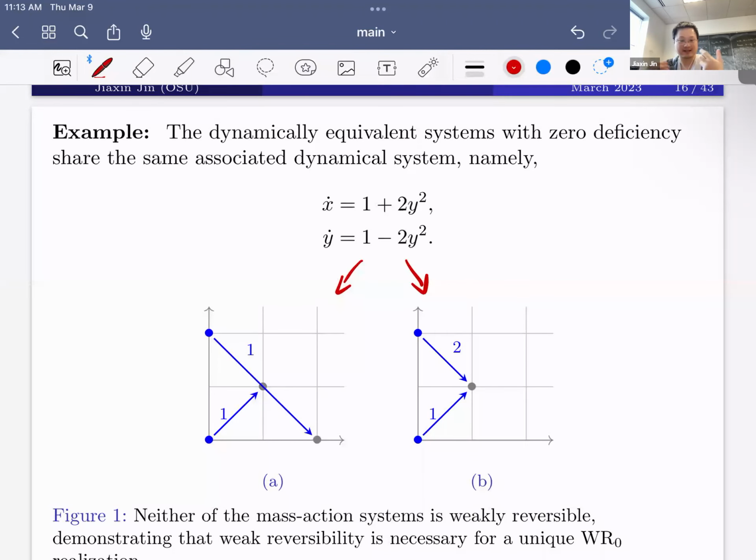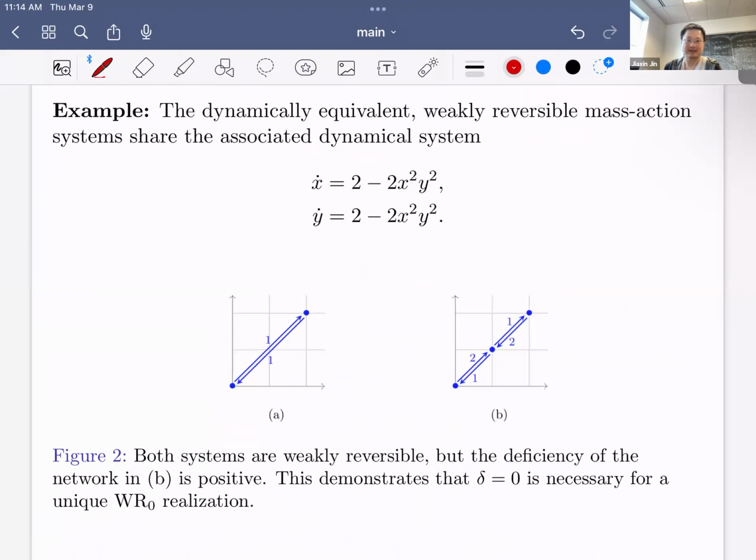So we can see weak reversibility is pretty important, because they are both difference zero. In the second example, although both are weakly reversible, the difference of the right graph is one, so it gives you another realization of the associated dynamical system. These two examples tell us that to find a unique realization, weak reversibility and difference zero are pretty important.